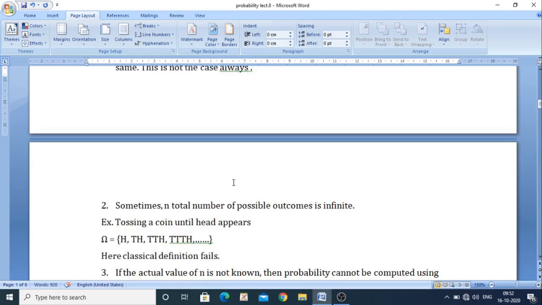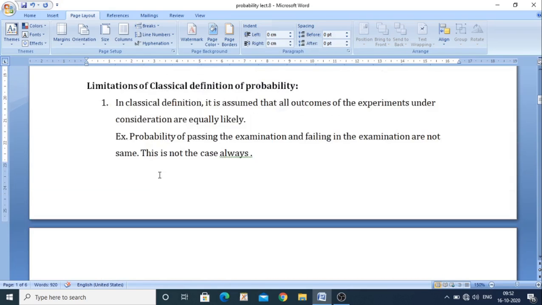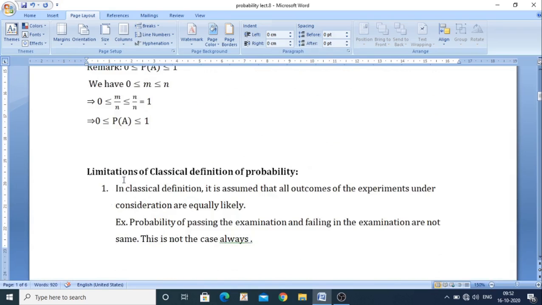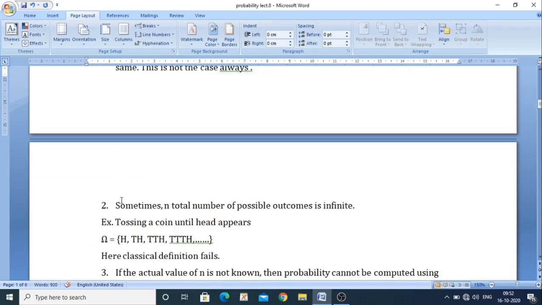The second limitation: the classical definition of probability is m upon n, so we require m as well as n. To find the probability, sometimes n, the total number of possible outcomes, is infinite, and if it tends to infinity, then we cannot find the ratio m upon n and we cannot find the probability.